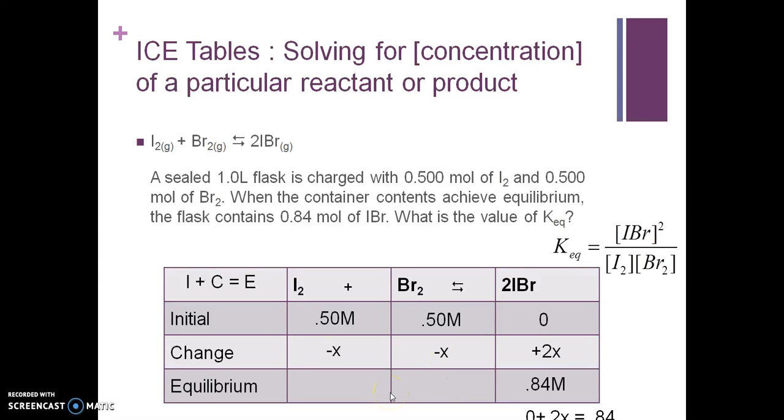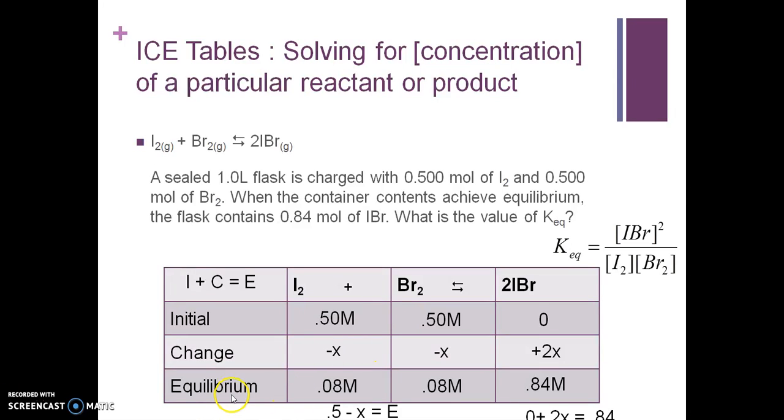So then, once I know my X, I can solve for my iodine, because my equilibrium for iodine is 0.5 minus X. And I know what X is, so I do 0.5 minus 0.42, and I get 0.08. That's my equilibrium concentration for iodine. That's how much iodine I have at equilibrium. And then bromine is the exact same thing, so its concentration is also 0.08.